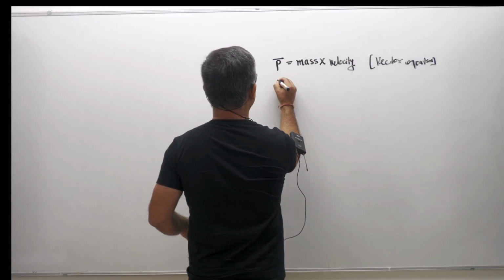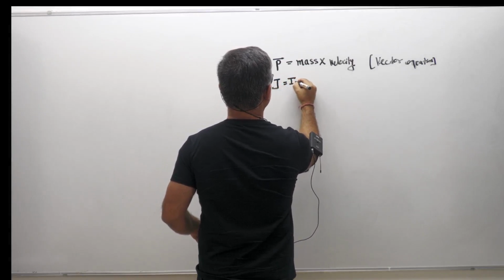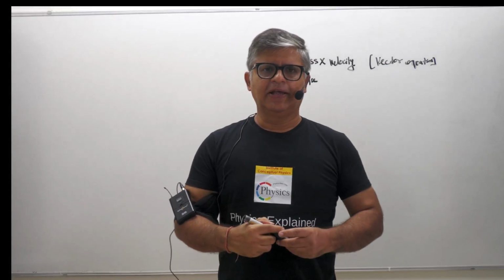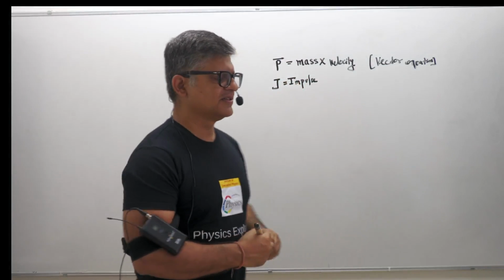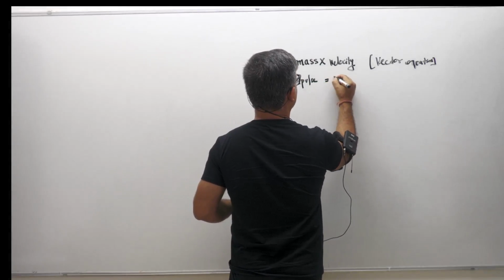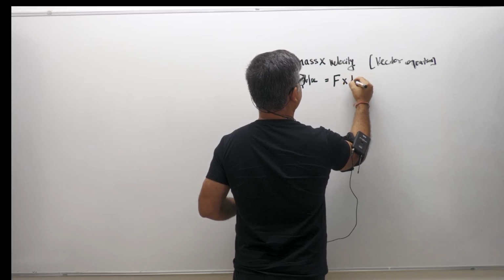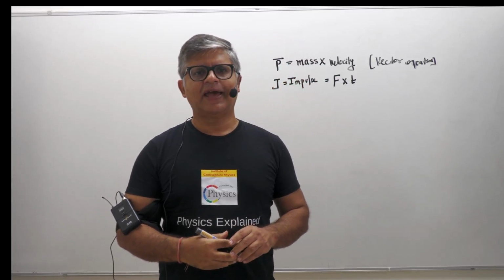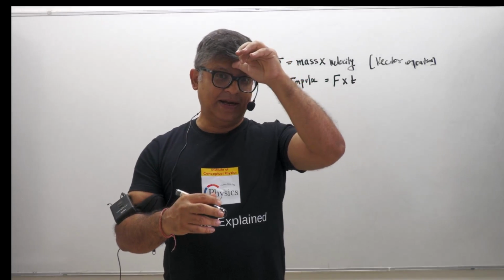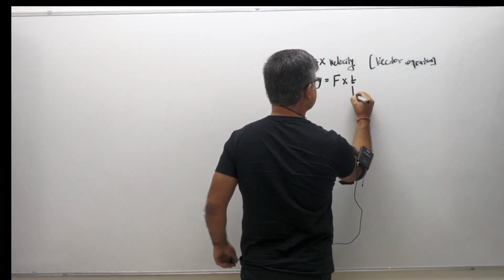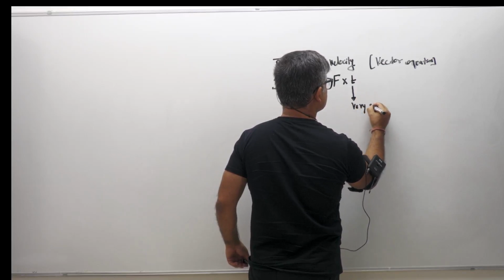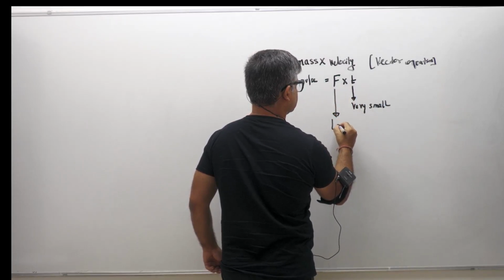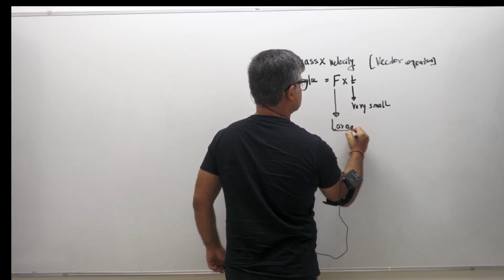Let's come to another concept, which is the concept of impulse. One of the most confusing topics is impulse. Let's discuss this. So impulse basically is the product of force and time. Generally, time is very, very small, and the force is generally large.